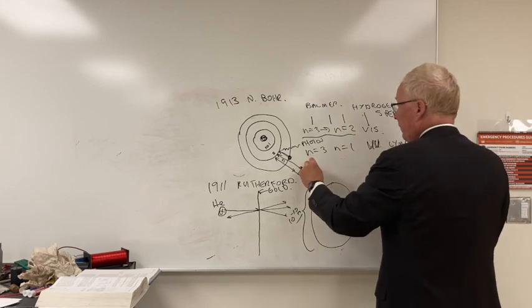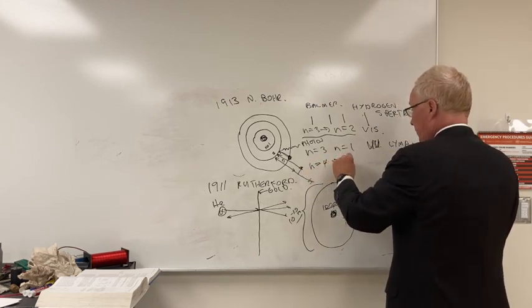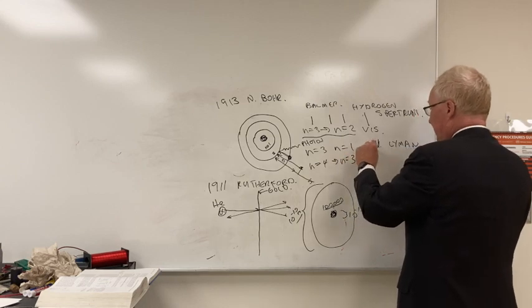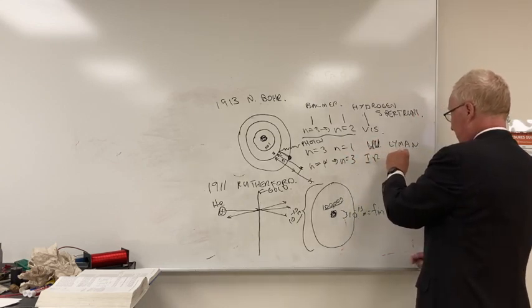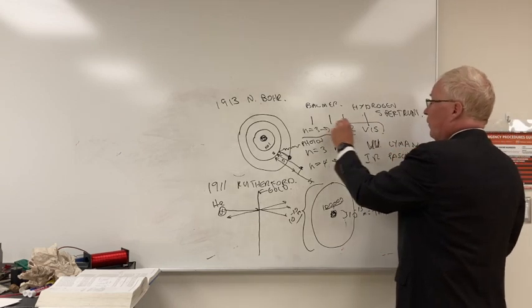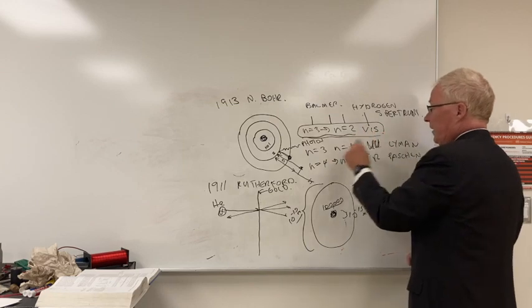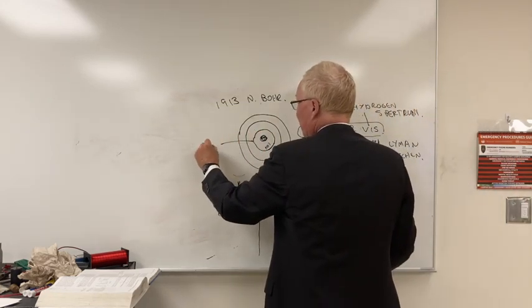And if you're going from n equals 4 down to n equals 3, that's in the infrared, called the Paschen series. This was discovered first, so it's going down to n equals 2, and n equals 1 is what they call the ground state.